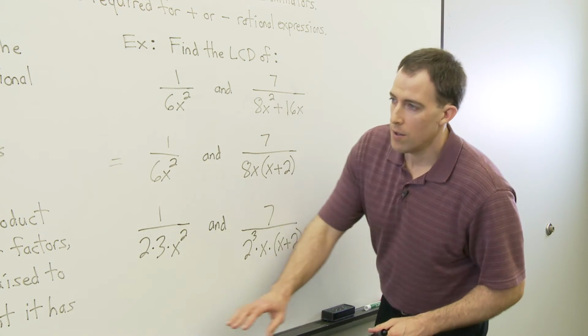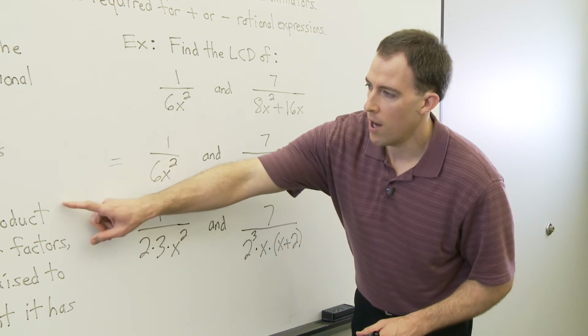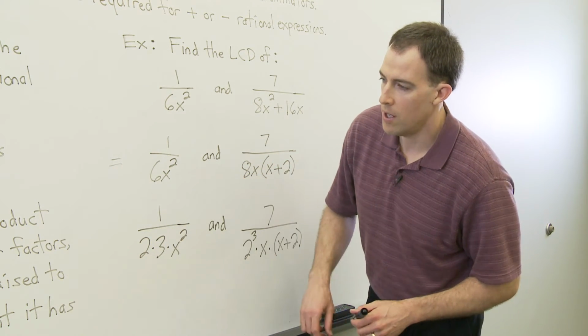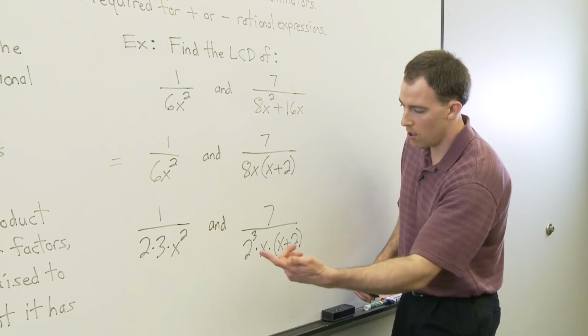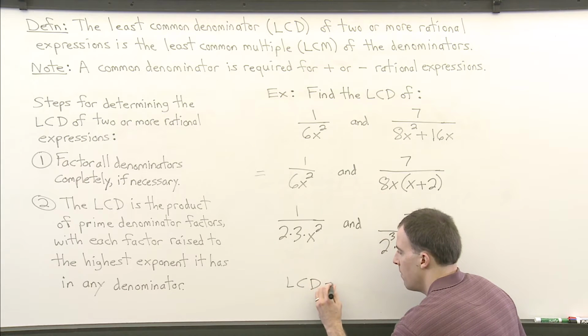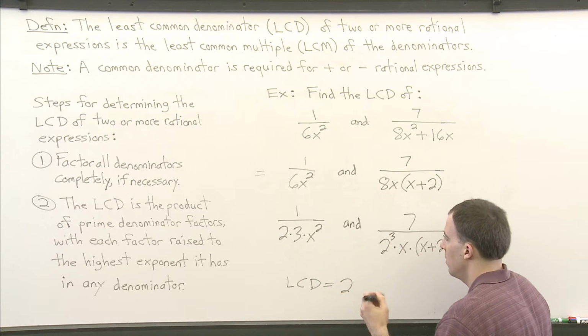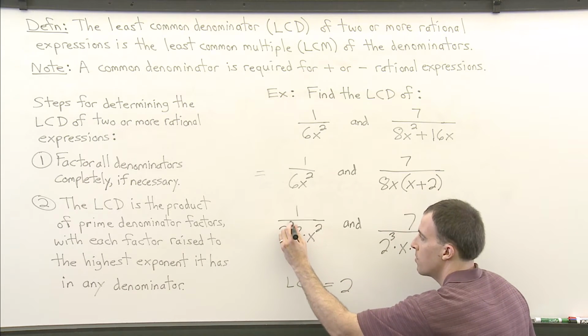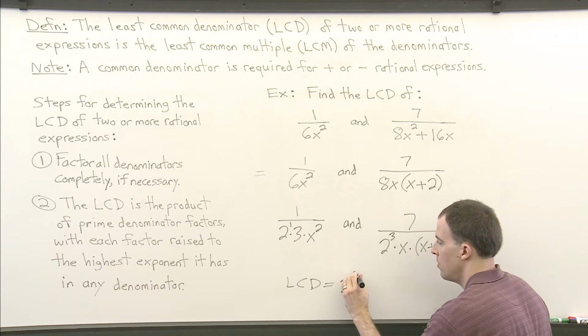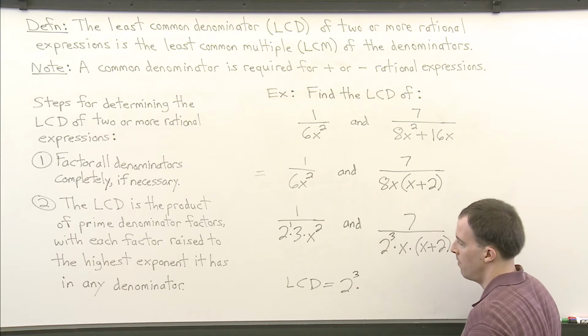So the least common denominator is always the product of prime denominator factors, with each factor raised to the highest exponent it has in any denominator. So looking at our two denominators here, our least common denominator will need to have in it 2 to the third power, because this is 2 to the first power in the first denominator. 3 is a higher exponent than 1, so we need 2 cubed in the least common denominator.